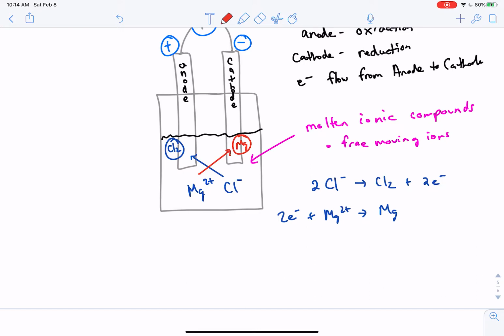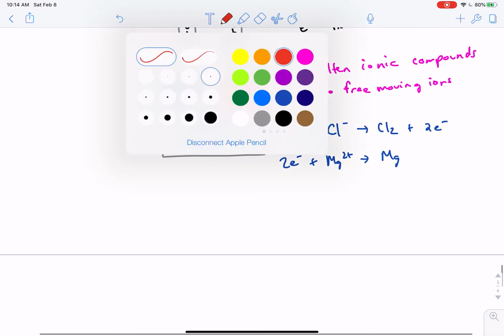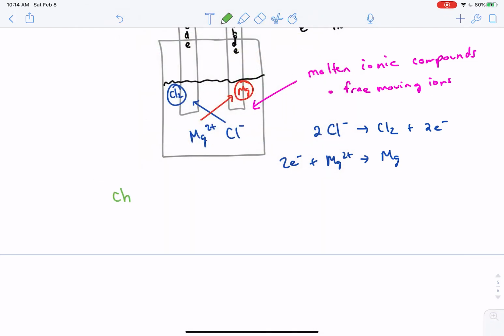Mg2+ is being reduced, Cl- is oxidized. So don't say chlorine and magnesium, because it's really the chloride ion and the magnesium ion. Those are two different things. So you're going to say in sentences that the chloride ion is oxidized and the magnesium ion is reduced.